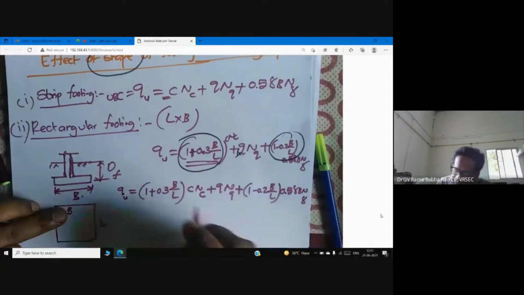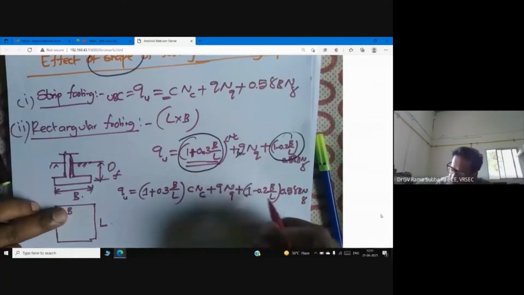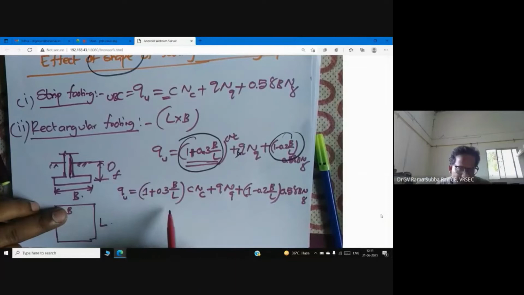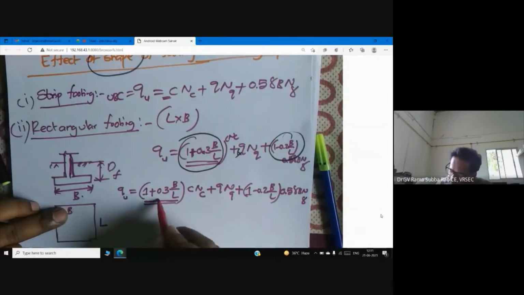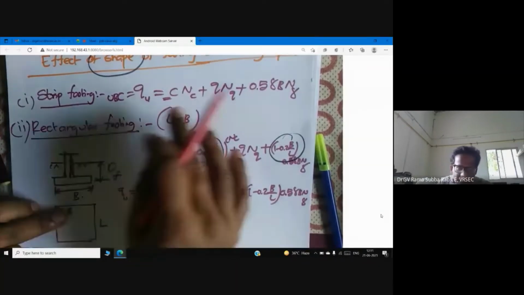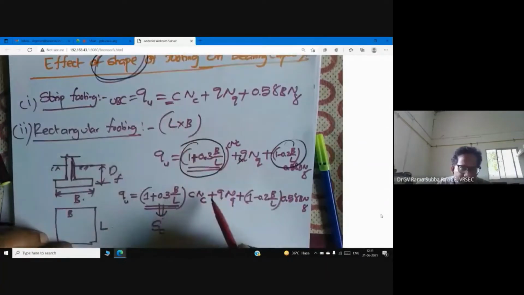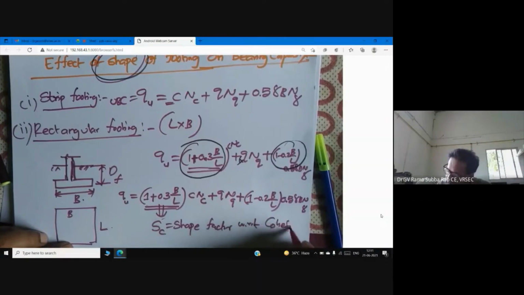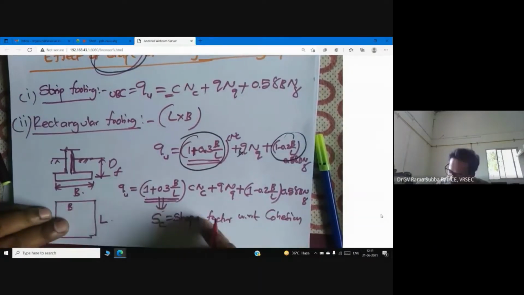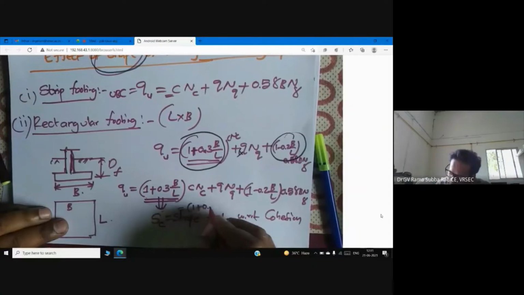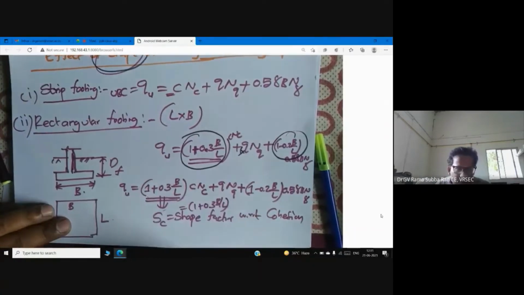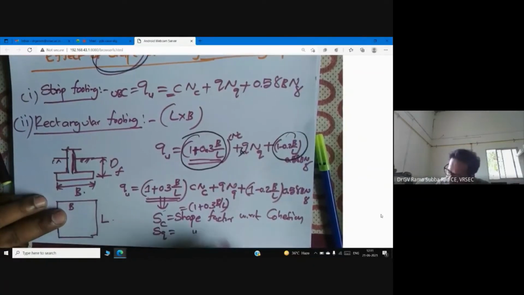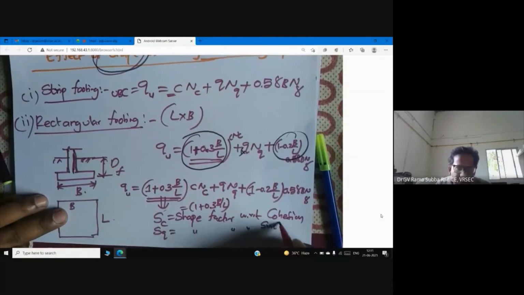Now immediately you will ask me one question: sir, you are telling some modification factors, those you are trying to call shape factors. This is Sc. Because today's discussion is about the shape of the footing, that's why we are calling it a shape factor with respect to cohesion. So here the shape factor is equal to 1 plus 0.3 B by L. Now what about Sq? Shape factor with respect to surcharge.